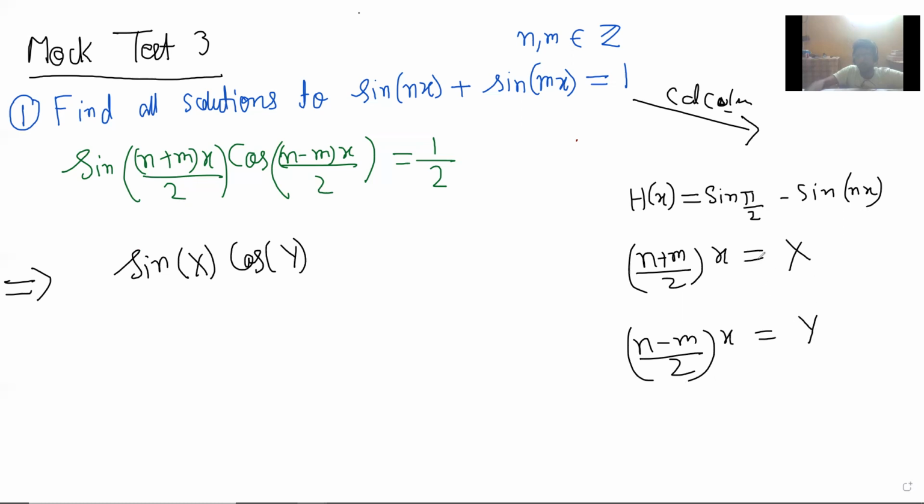What I will get is that I certainly need x bigger than y, and then n plus m, n minus m equals x. So x by y has to also be rational. These x and y are not completely arbitrary, but it still seems pretty arbitrary, isn't it?